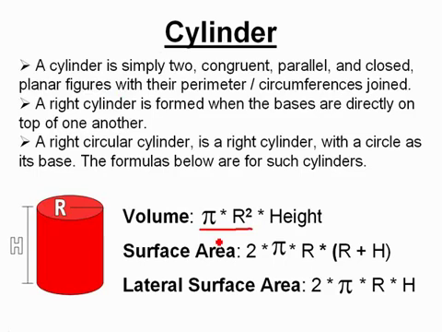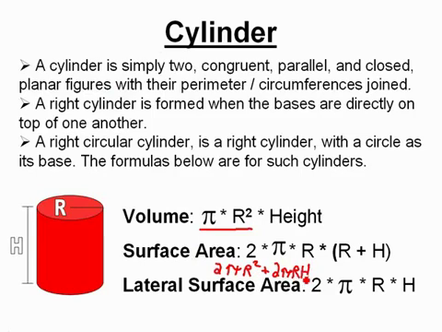The surface area of a right circular cylinder is 2 pi r times (r plus h). So it might be easier if we distribute that. And when you distribute that, you get 2 pi r times r, so 2 pi r squared, plus 2 pi r h.